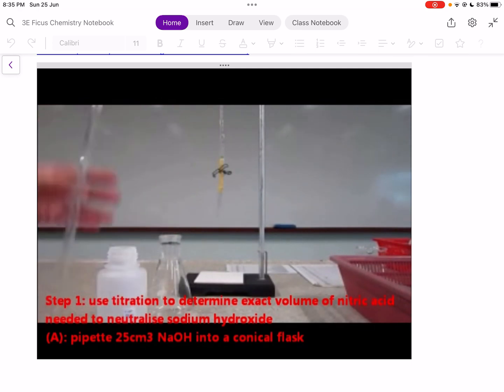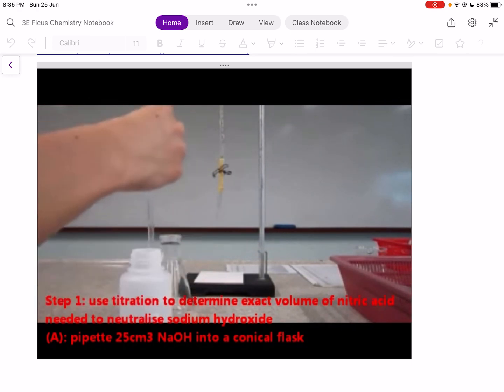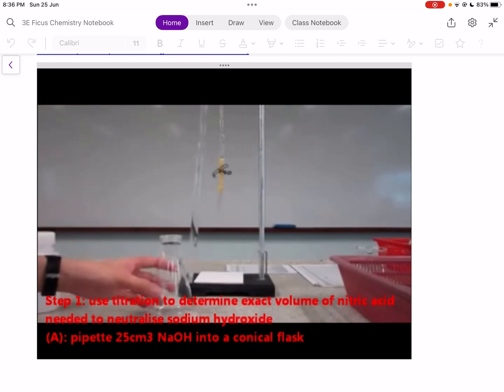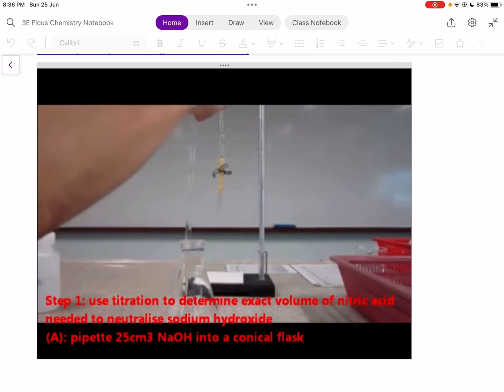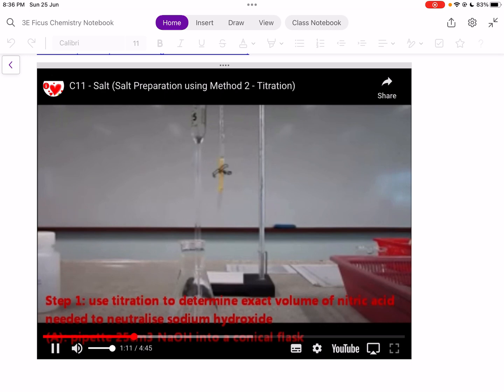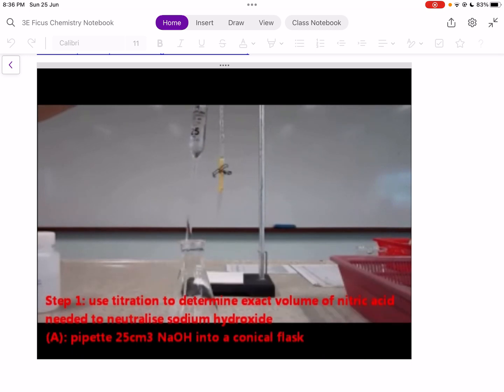Then you are ready to suck up the sodium hydroxide solution from the white bottle into the pipette. Now he transfers the 25 cm cube of sodium hydroxide from the pipette into the conical flask and then adds in the indicator.